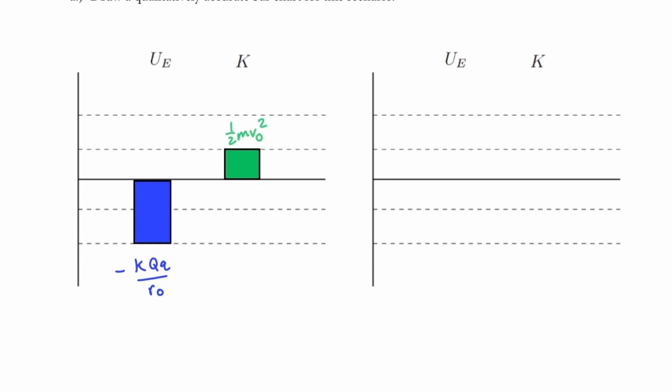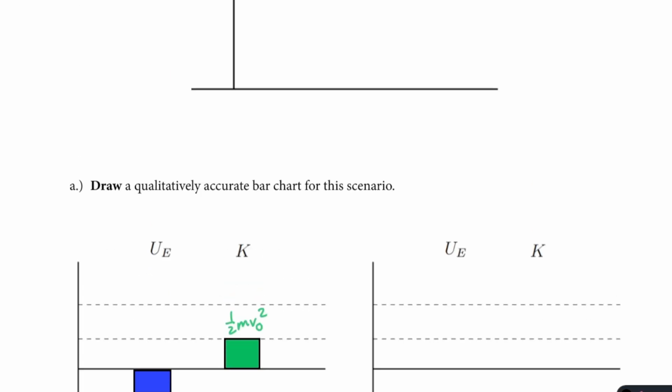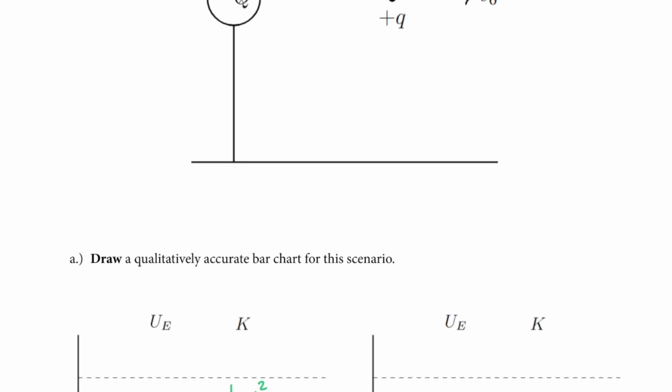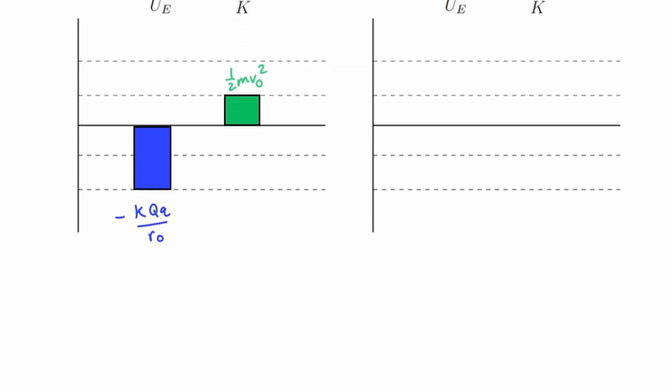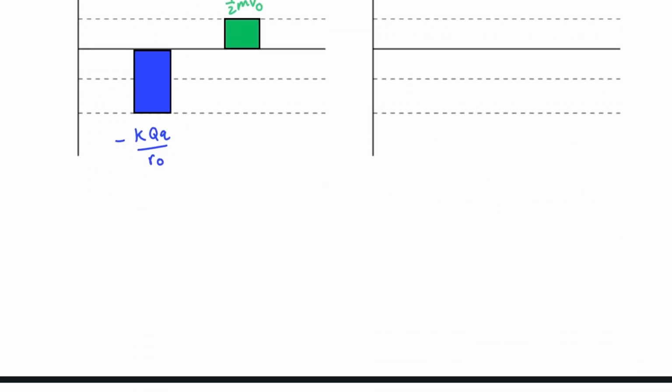Now we can do a similar thing at our final state. It has gotten much farther away, so maybe I might draw this state. It's gotten much farther away, but it's stopped. It stops at this time, and it's a distance RF away.